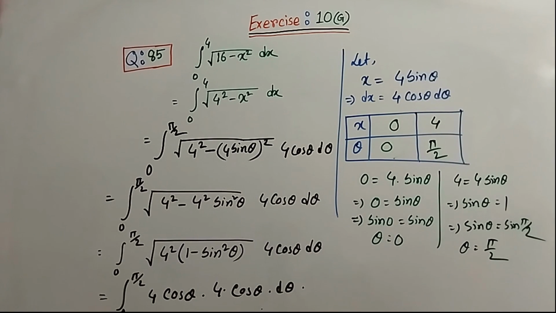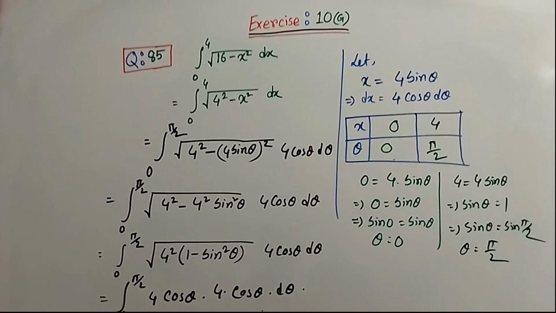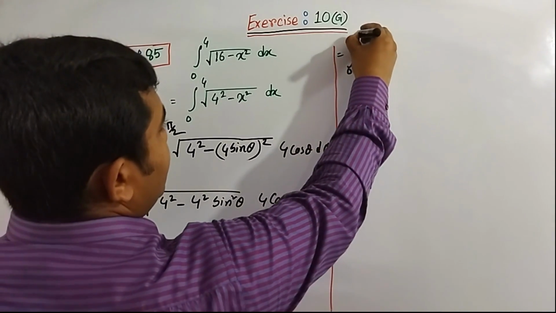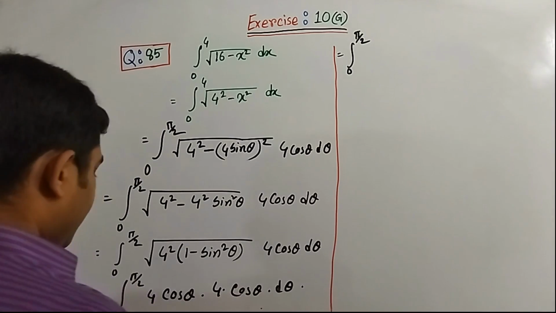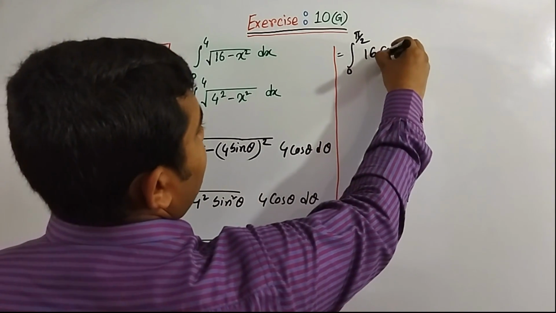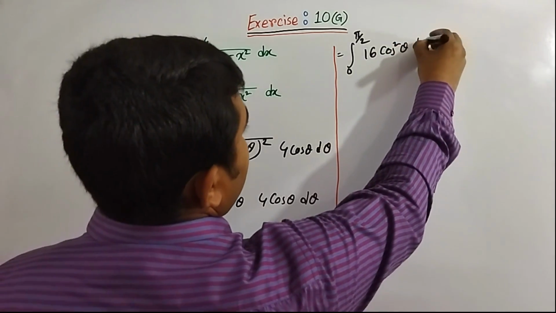Okay, now we will multiply this, then we will get 16 cos square theta d theta. Just write down, dear students, we will get here 0 to pi by 2, 16 cos square theta d theta.